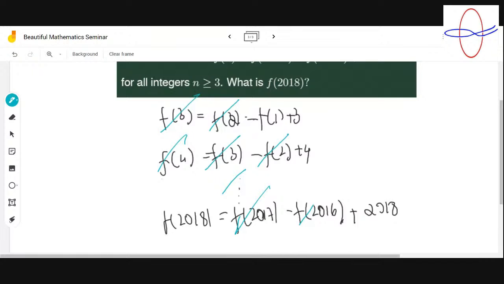Is it all of that will be getting cancelled? Yes. So what will we be getting? Simple stuff. So f of 2018 is f of 1 plus 3 plus dot dot dot 2018.